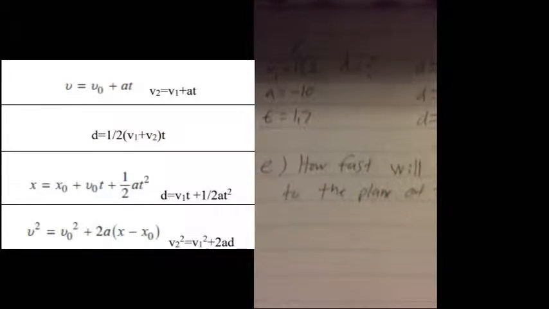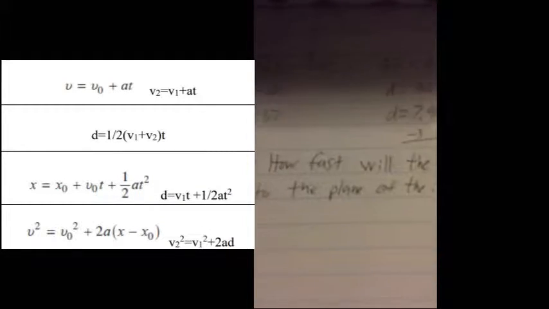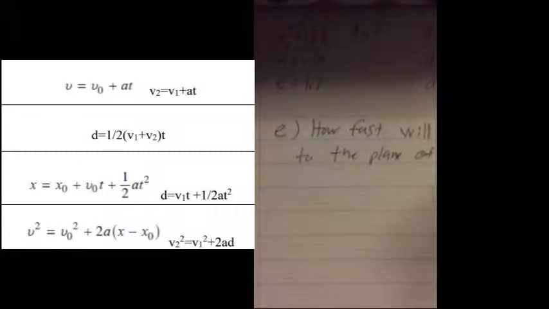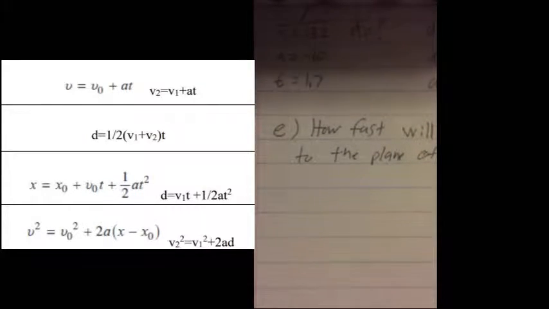And the last part of this question, finally, is how fast will the ball be traveling when it gets to the plane of the fence? So this, again, is a kinematic question. And we will need to use both components here eventually, so keep that in mind. But first, remember in the very first question how we had to split the velocity into x and y components?